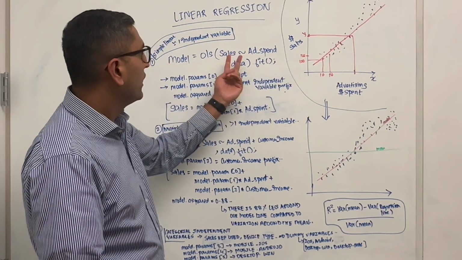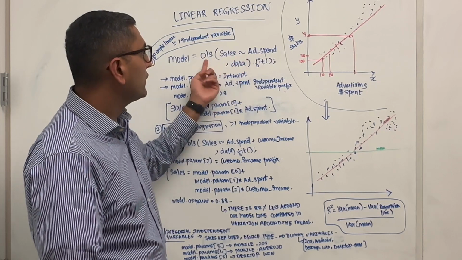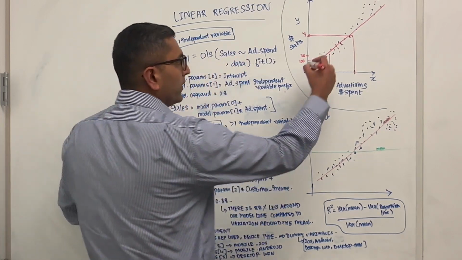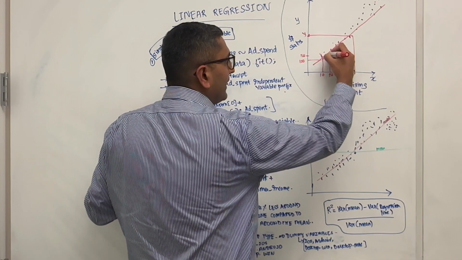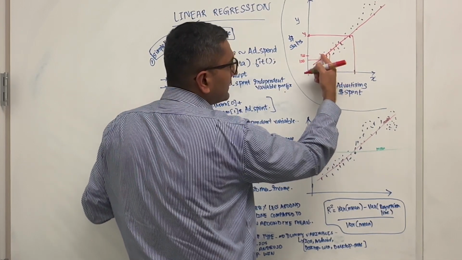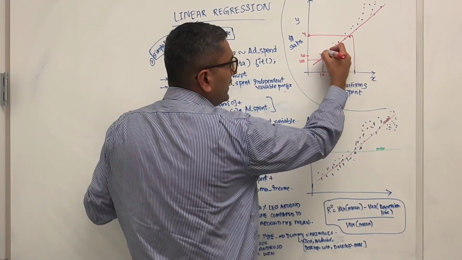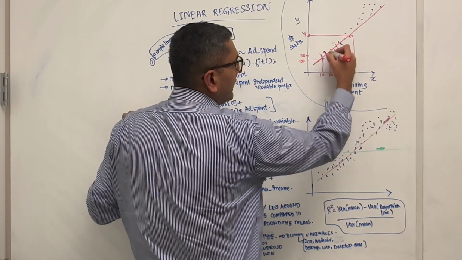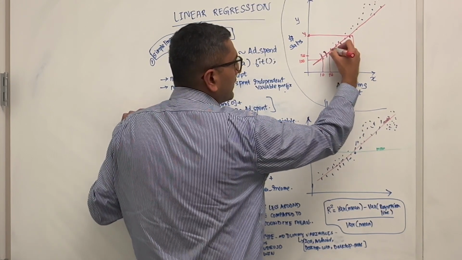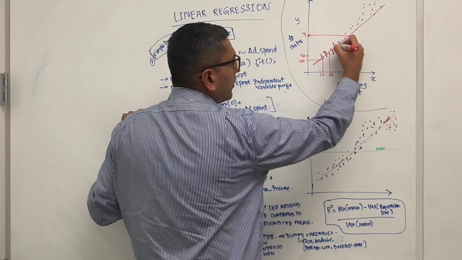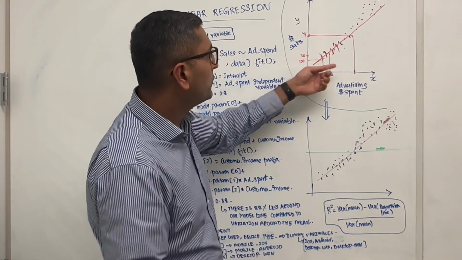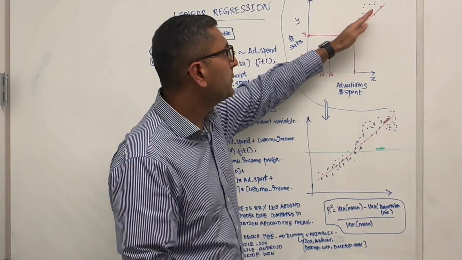So using these data points, using the ordinary least squares technique, which tries to find a line which minimizes the distance from each of these blue points to this line, if you add up the squared distances from each of these blue points to this line, it will be the minimum.